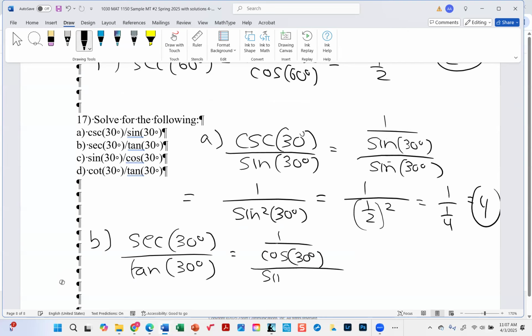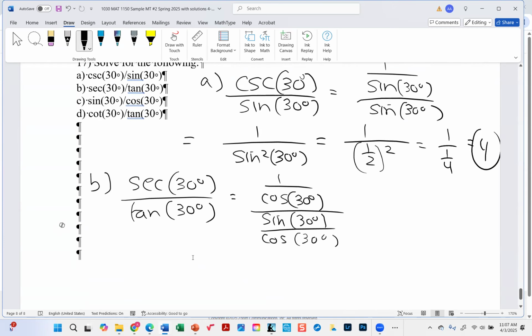Down here we have sine over cosine. So when we rewrite that, we can rewrite this as the product of 1 over cosine 30 times cosine 30 over sine 30.